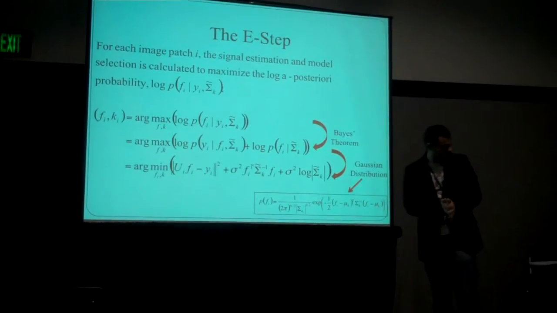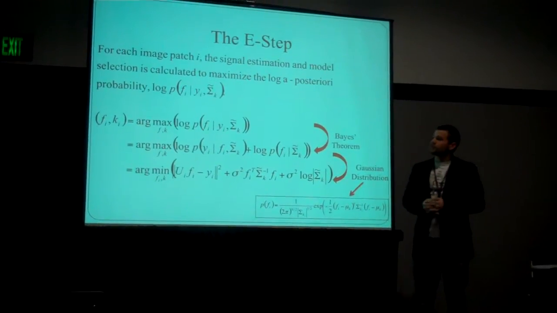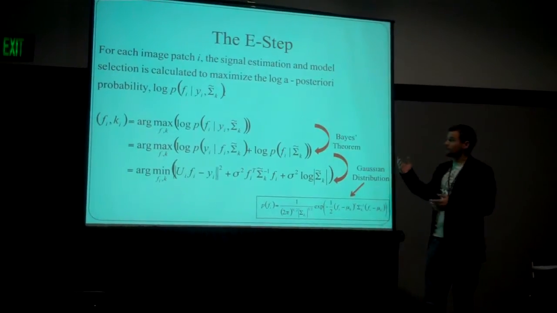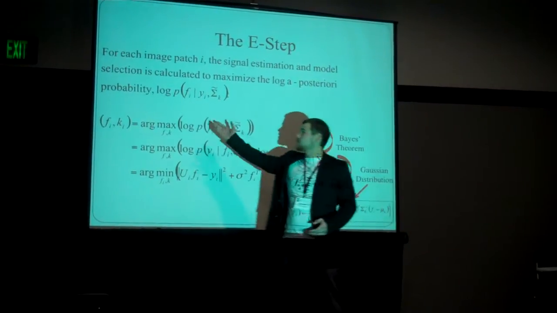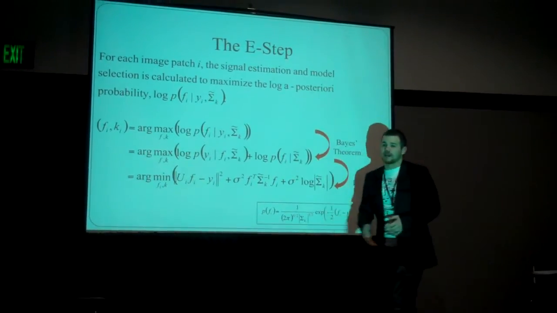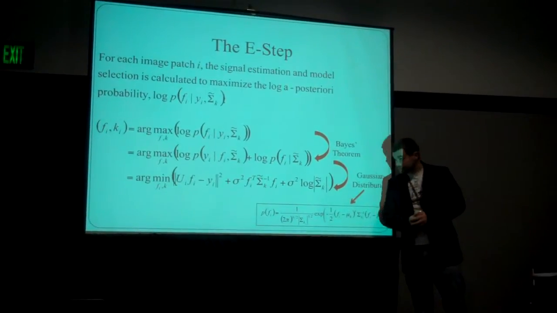this morning. So our E step is calculating the maximum log a posteriori probability of our clean patch f sub i given our degraded patch y sub i and whatever covariance of the cluster there is.